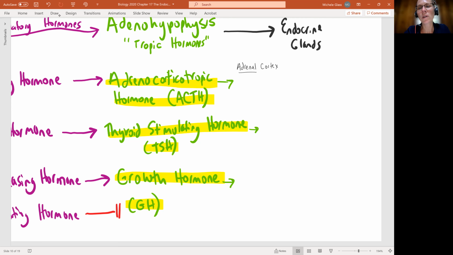Remember when we talked about the adrenal gland sitting on top of the kidneys, it's this small, sort of triangular shaped gland with a layer of tissue on the outside, sort of like the bark, and then an inner tissue. We call the outer tissue the cortex and the inner tissue the medulla. And so it's the job of the adrenocorticotropic hormone to actually turn on the adrenal cortex.